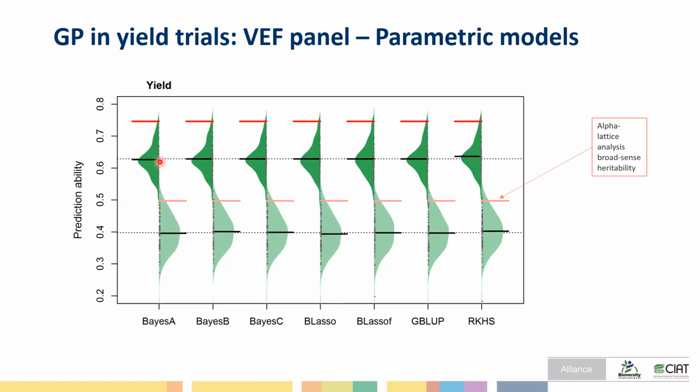No difference is observed in the models used in both populations. You can see that we work with different models, Bayes A, Bayes B, Bayes C, and others, and no difference is observed. There are only differences in prediction ability between populations, with the BEF panel on the left side and the MAGIC population on the right side.